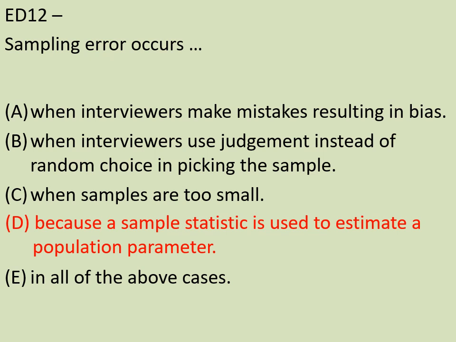So it's not because we did something wrong, the interviewer made mistakes, or somebody used judgment too badly, or the sample was too small. It's going to occur no matter when you sample. So every time you sample using a statistic to estimate a population parameter, you're always going to have sample error.